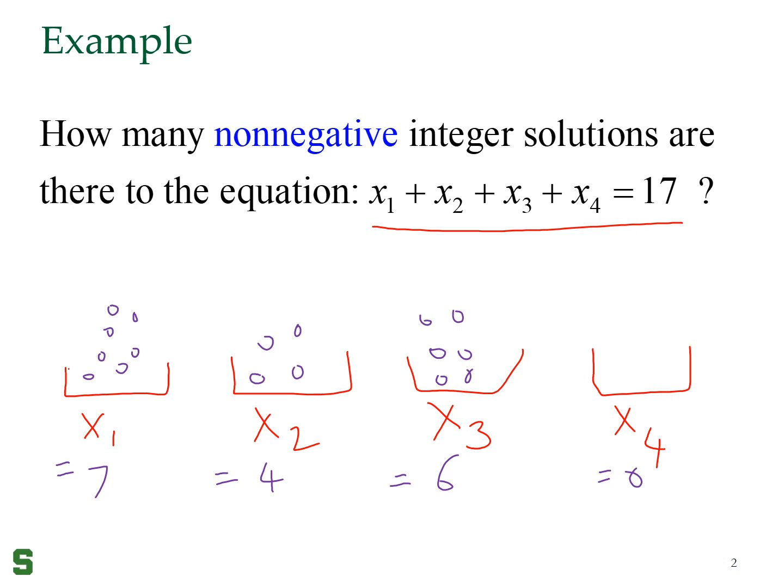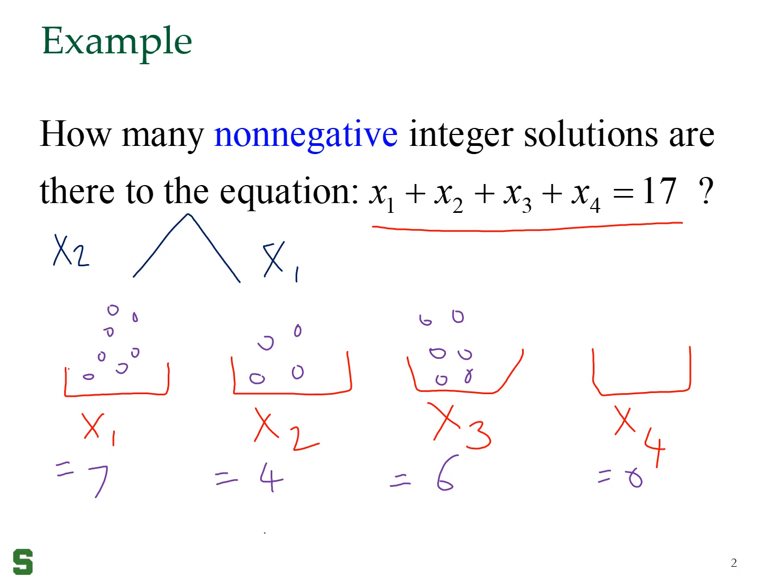Now let's try to see if the cells are distinguished and if the balls are distinguished. So let's first look at cells. If I swap, let's say, these two cells, that means I call this cell x2 and I call this cell x1.